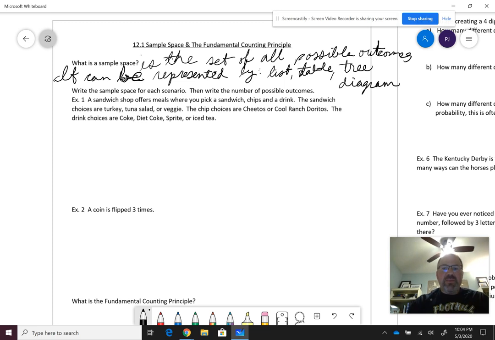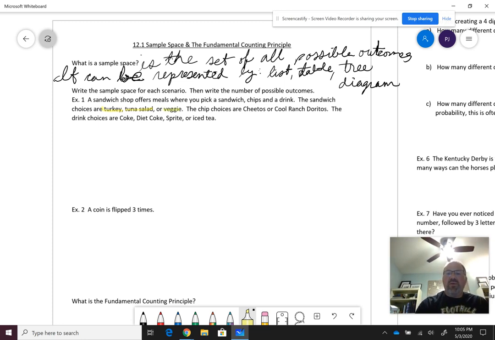All right, so let's move on then. Write a sample space for each scenario, then write the number of possible outcomes. So here's our example. A sandwich shop offers meals where you must pick a sandwich, chips, and a drink. Your choices for the sandwiches are turkey, tuna salad, and veggies.